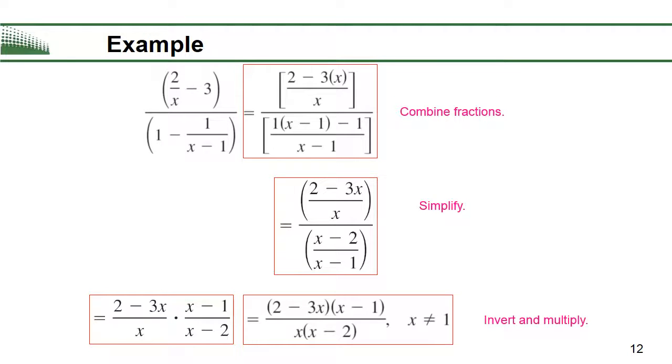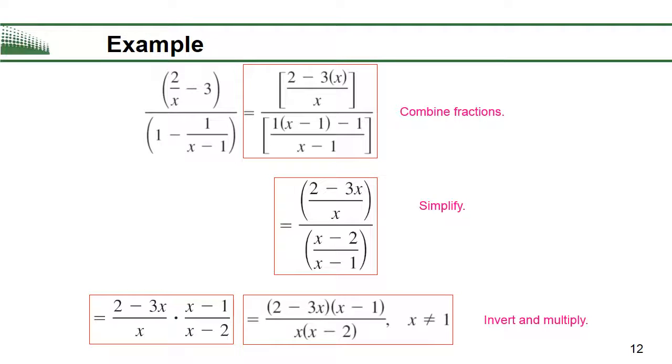And then we're just going to make it a division problem. And we're going to keep, change, flip. So the top, 2 minus 3x over x, times, and we're going to flip that denominator fraction upside down, x minus 1 over x minus 2. Then just combine them. Notice that there's nothing that can cancel. We're not multiplying everything out. We are making the point that x cannot be 1.